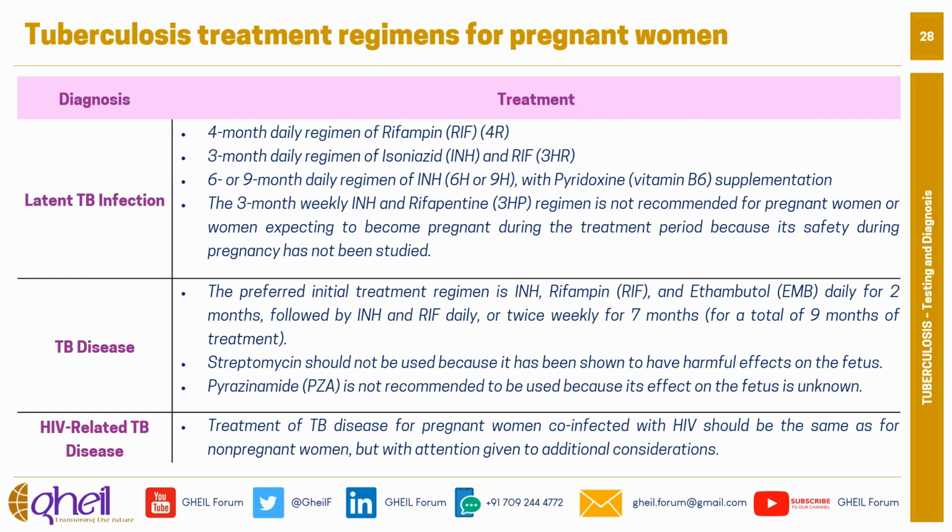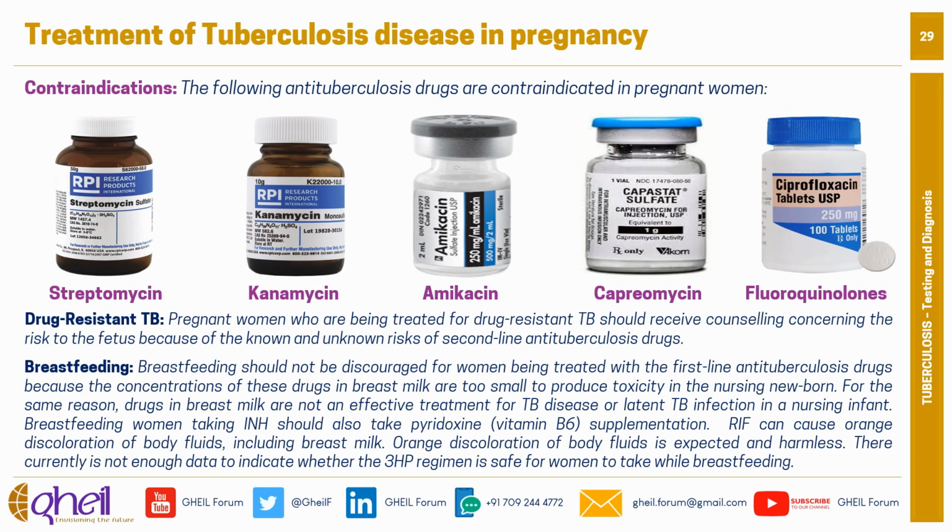HIV-related TB disease. Treatment of TB disease for pregnant women co-infected with HIV should be the same as for non-pregnant women, but with attention given to additional considerations. Treatment of tuberculosis disease in pregnancy, contraindications.